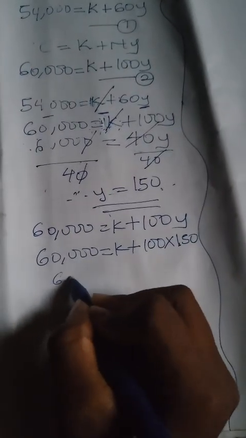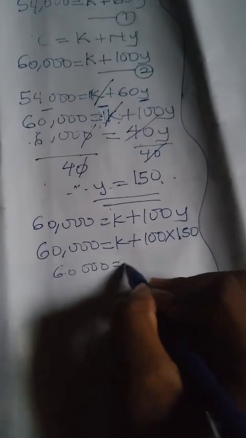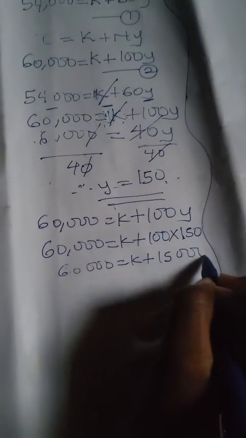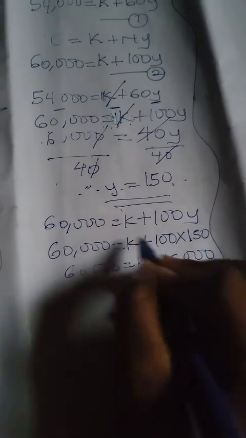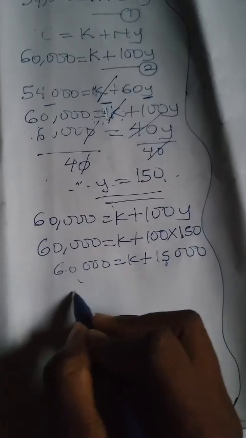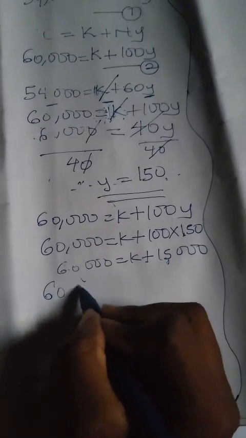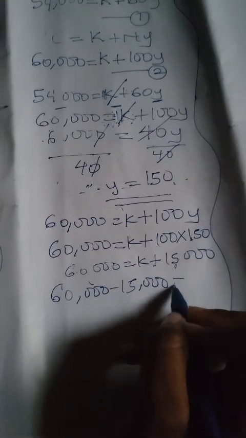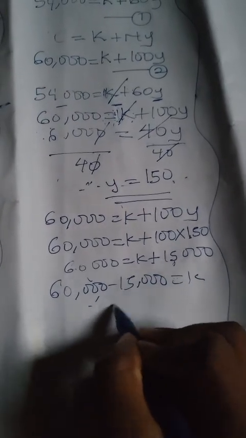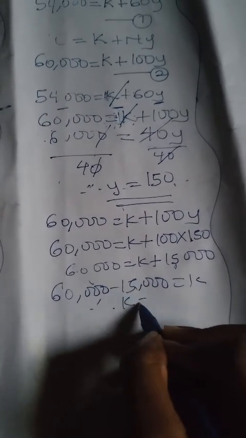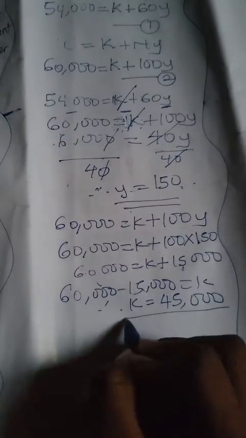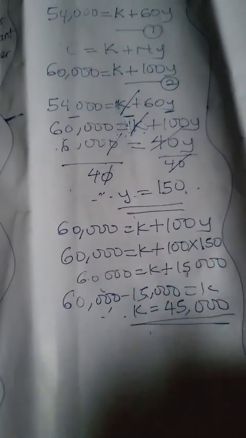So 60,000 is equal to k plus 15,000. Plus will come to the other side and turn into minus. So 60,000 minus 15,000 is equal to k. Therefore, k is equal to 60 minus 15, which is 45,000. So we've gotten our two constants, y and k.